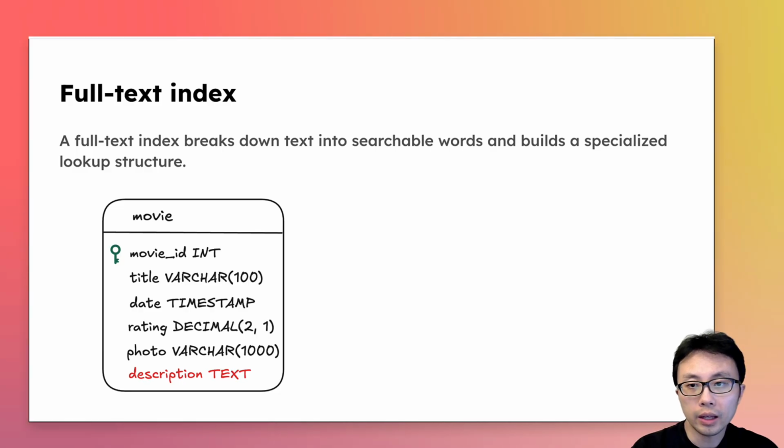If the streaming app of this database supports users to search for movies by typing keywords or anything into a search bar, and primarily matches the input against the movie description, it is only natural that we speed up searching by creating a full-text index on the description column.